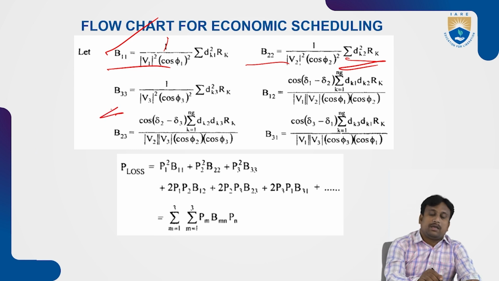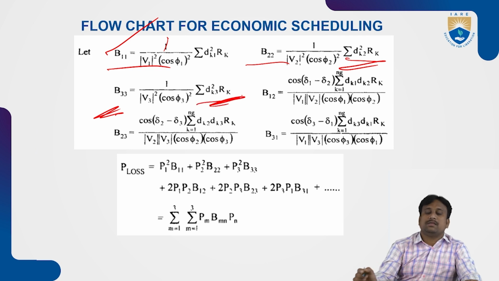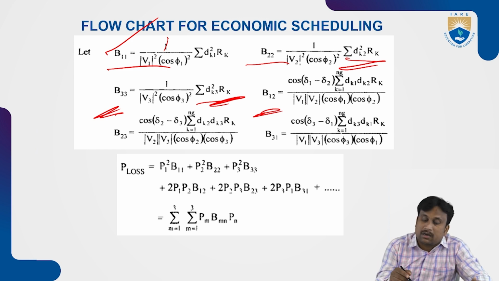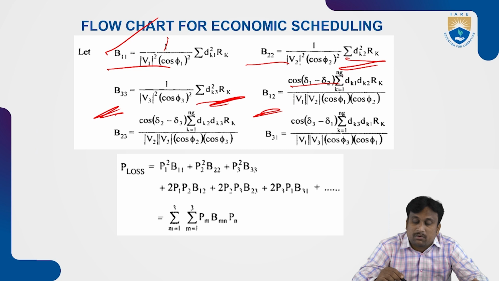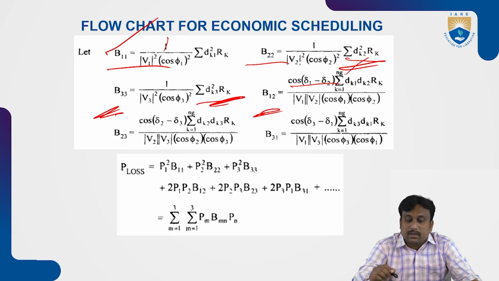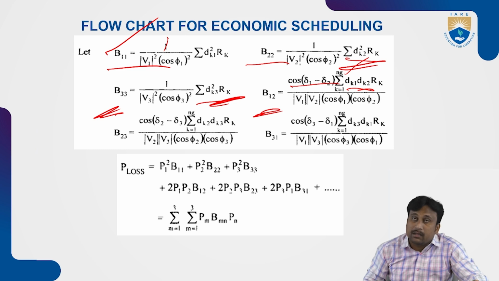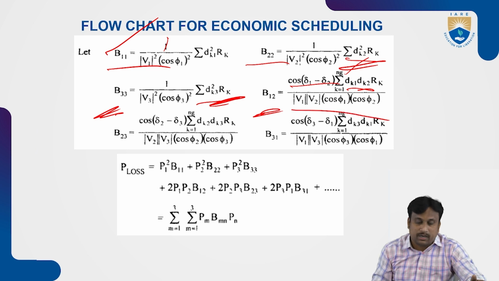And B33 can be represented as 1 by V3 square cos phi 3 square sigma dk3 square Rk. And one more coefficient, B12, is cos(delta 1 minus delta 2) summation k equals 1 to Ng, dk1 dk2 Rk, divided by V1 V2 cos phi 1 cos phi 2.